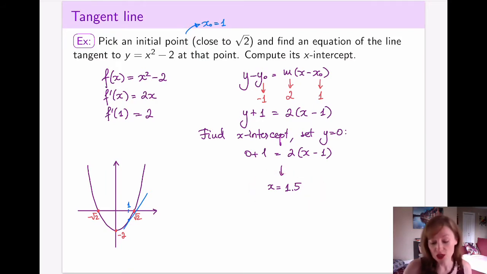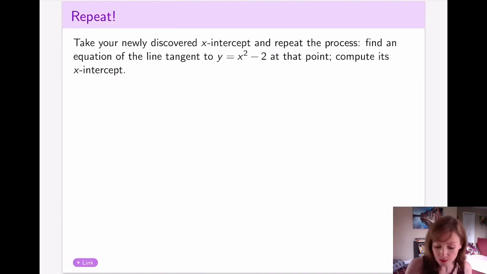The construction will look exactly the same, but with a new point, and will produce an even closer approximation. In order for me to do that, I will introduce a slight notation here. I'm going to call this x1, because it's my first actual approximation produced by the method. Now I'm going to take my point x1 to be 1.5, construct the tangent line at 1.5, compute its x-intercept, and that's going to be my next approximation of the square root of 2.